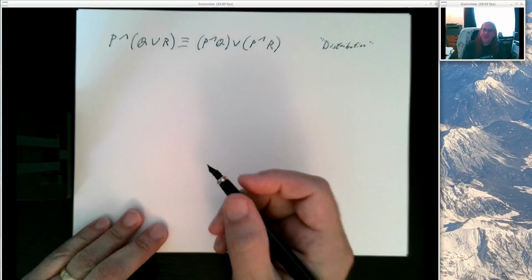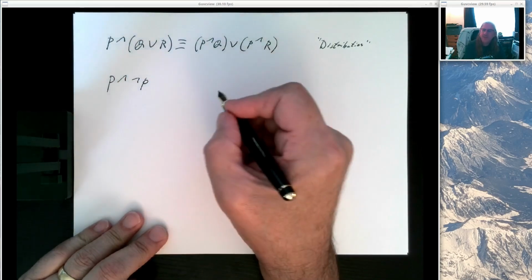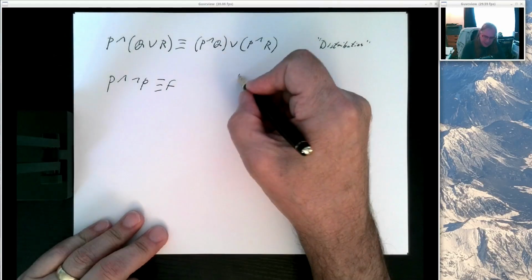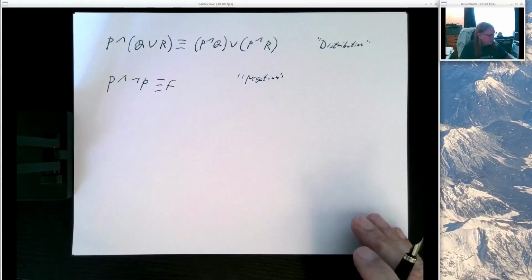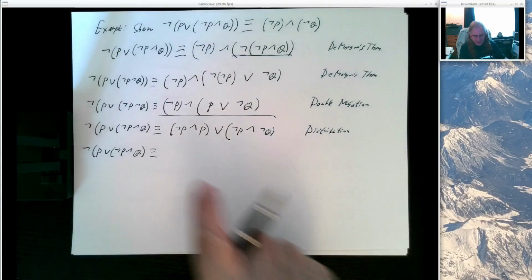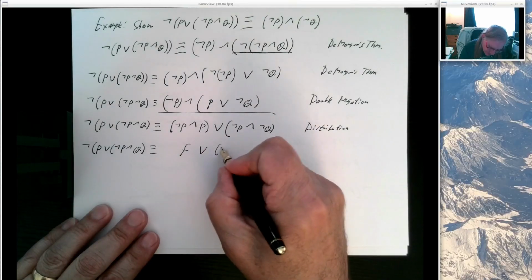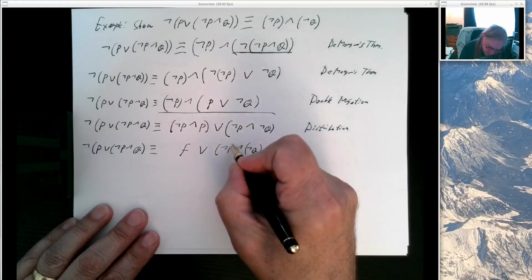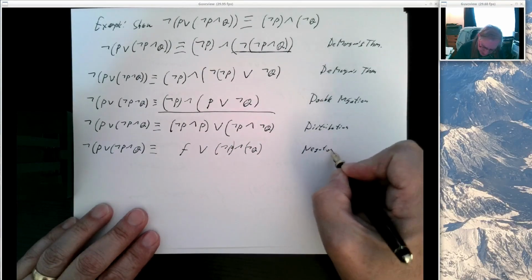There's another identity which says P and not P is logically equivalent to false, and this is called negation. So this not P and P, I can replace with false, or (not P and not Q), and my reason there was negation.